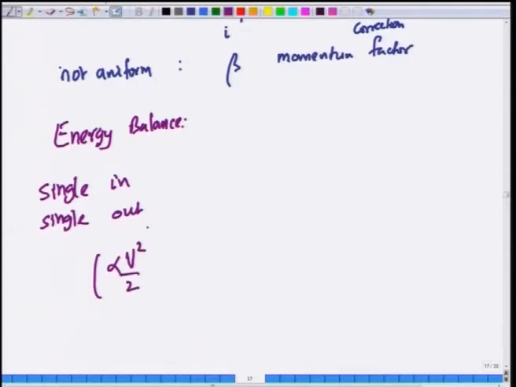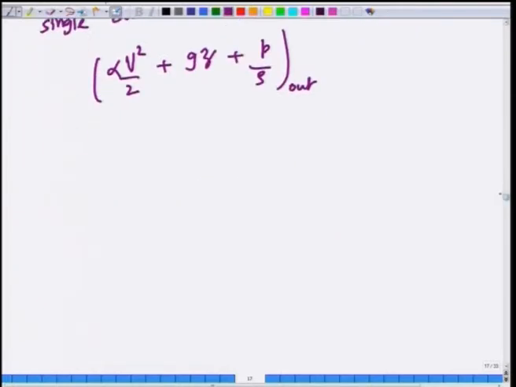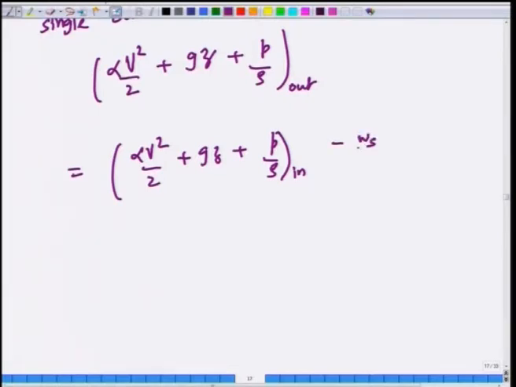Alpha is the kinetic energy correction factor that corrects for the deviation of the velocity profile from uniform velocity. Out is equal to in minus the amount of shaft work done by the fluid on the surroundings.